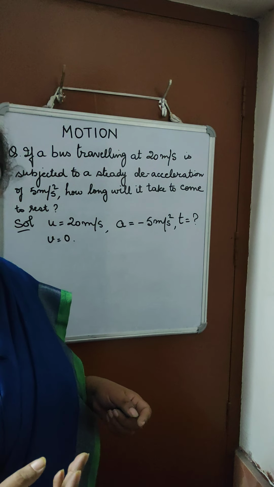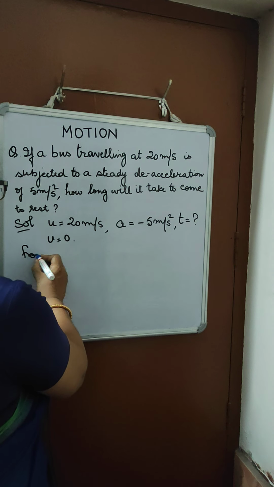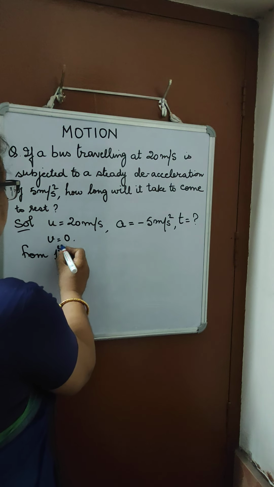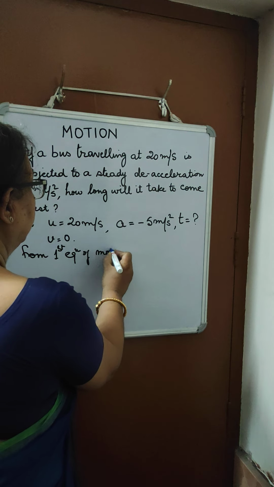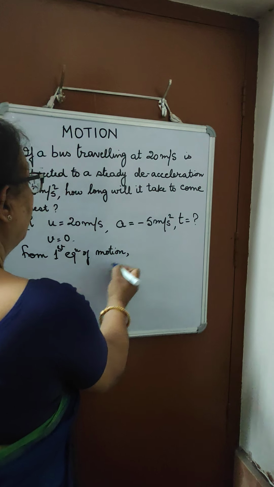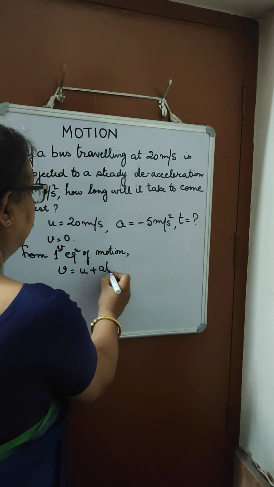So which equation of motion can we use? We can use the first one. What's the first equation? V is equal to u plus at.